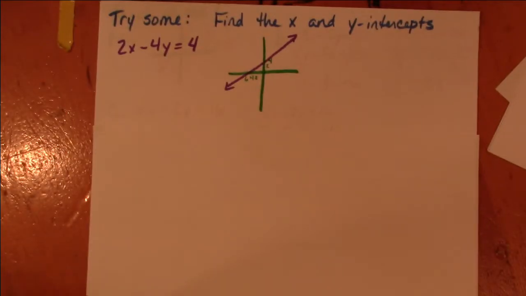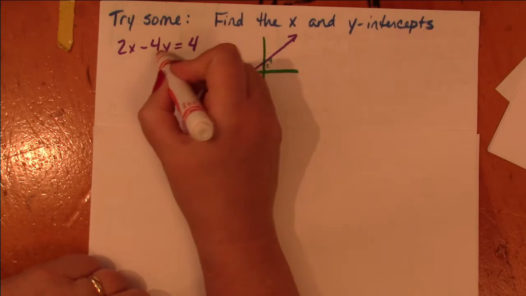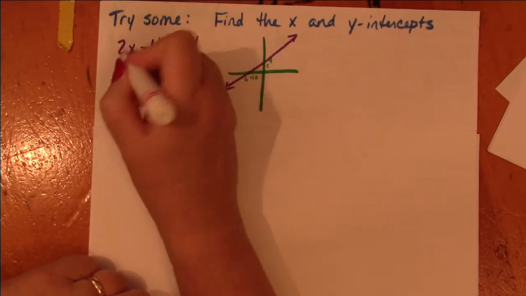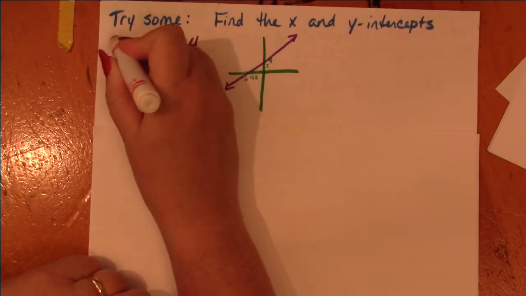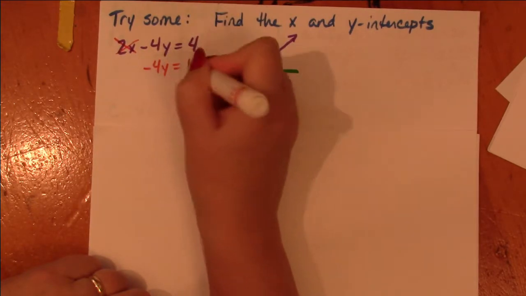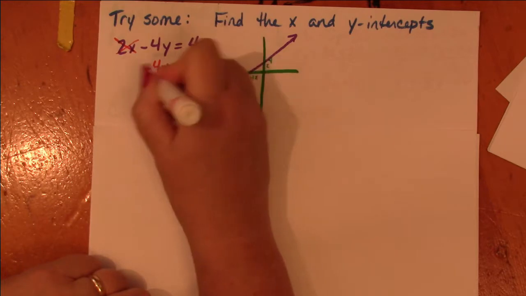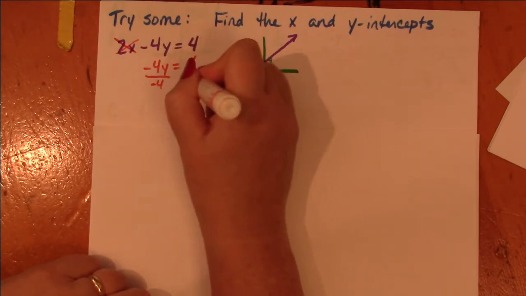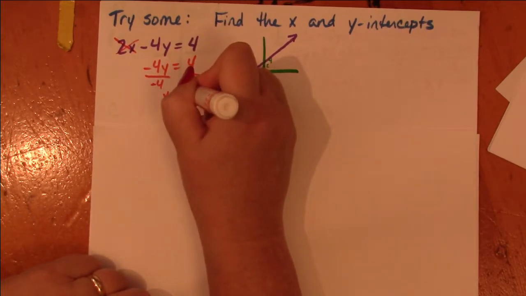The first one is 2x minus 4y equals 4. So the first thing I'm going to do is say that x equals 0, and we're going to get rid of this one. So now negative 4y equals 4, and I'm going to divide each side by negative 4, and now y equals negative 1.